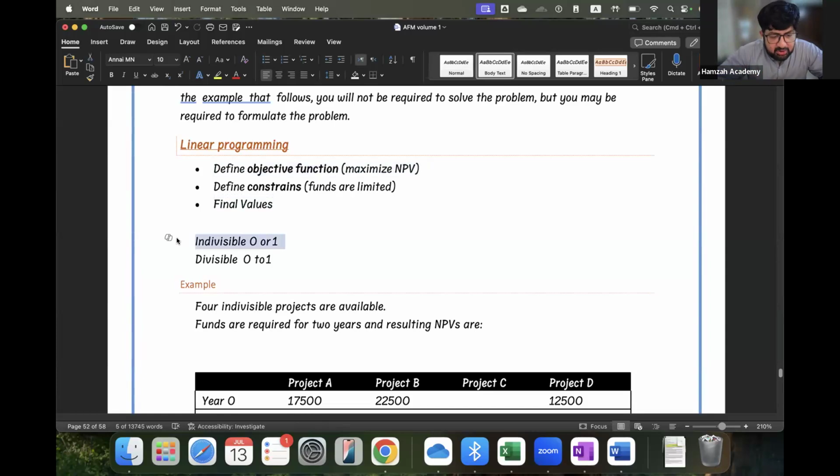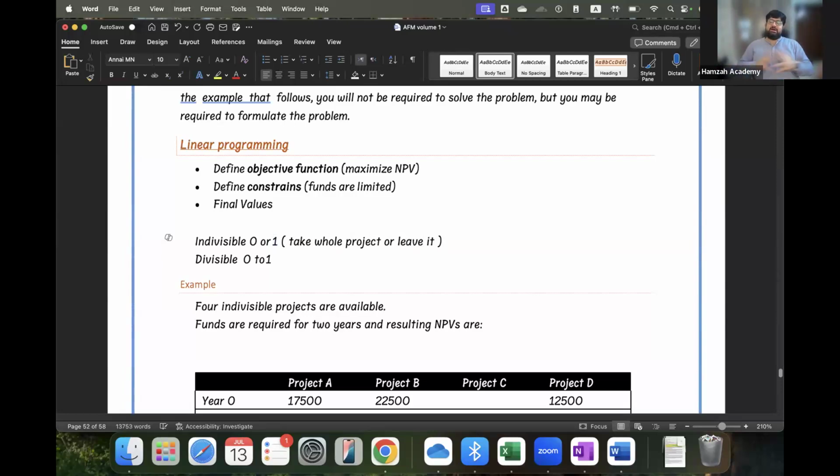Then the final values. If projects are indivisible, you will put value 0 or 1. 0 means you cannot take that project. 1 means you will take the whole project. 0 or 1 means take the whole project or leave it.